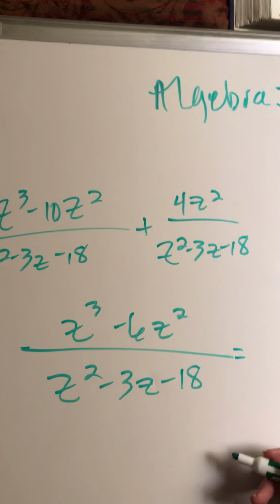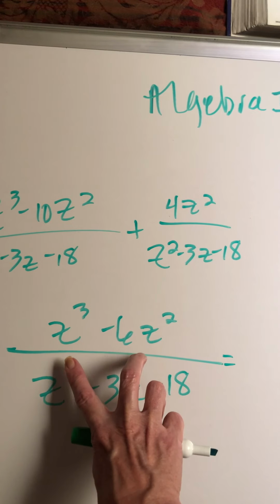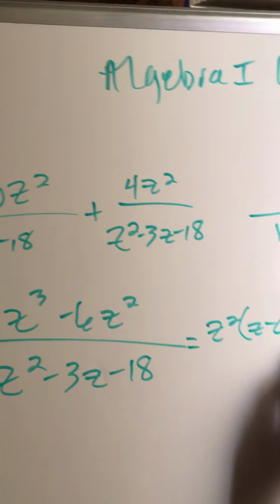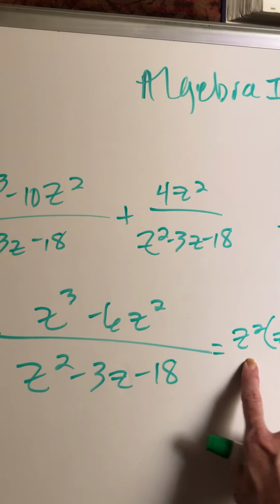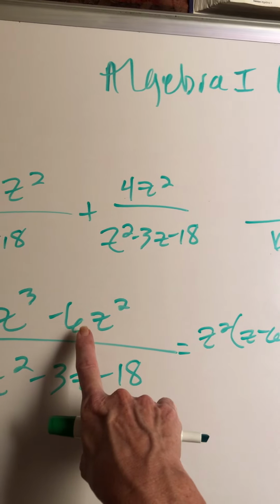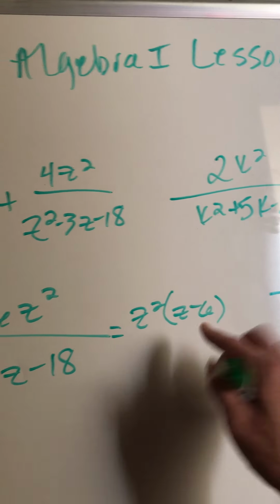Then factor. We can factor a z squared out. So we take z squared, that leaves z minus 6, because I take z squared out of z cubed, it leaves a z, and I take z squared out of 6z squared, and it leaves a minus 6.